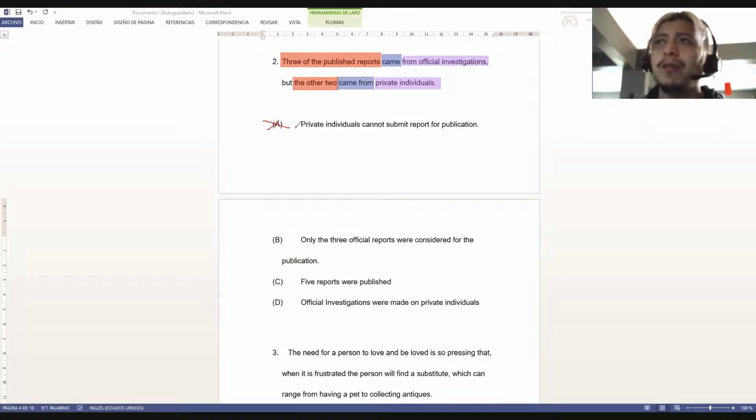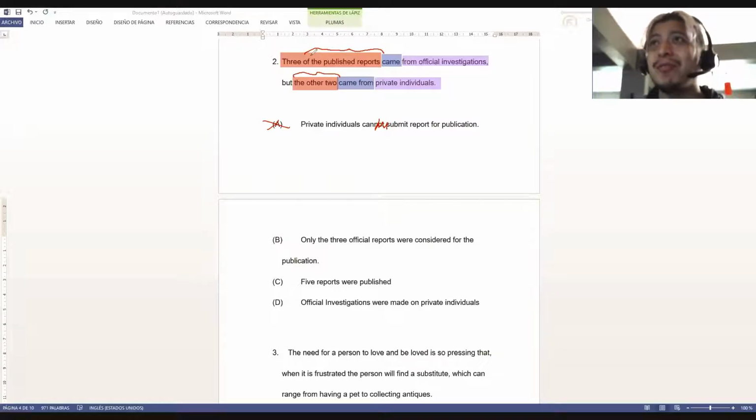This is clearly false, because the other 2 published reports came from private individuals. So private individuals can submit reports. They did submit reports, and 2 of them were published. So yeah. B, only the 3 official reports were considered for the publication.